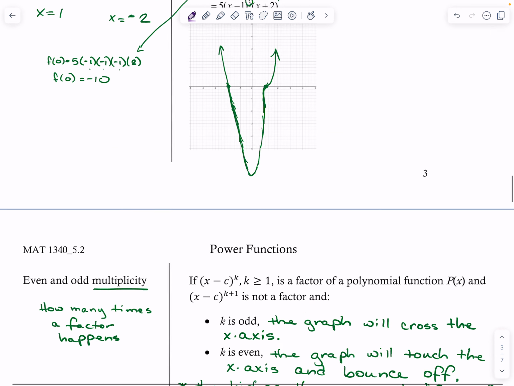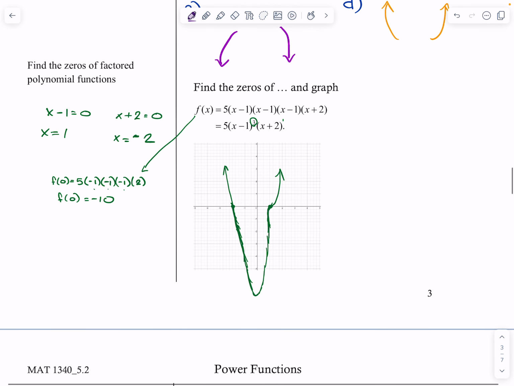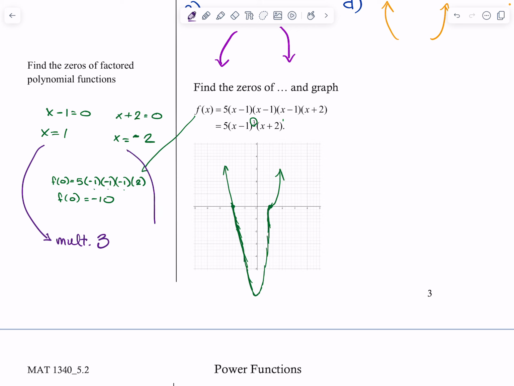We can go back up to this last example where my x equals 1 has multiplicity 3, and my x equals negative 2 has multiplicity 1.